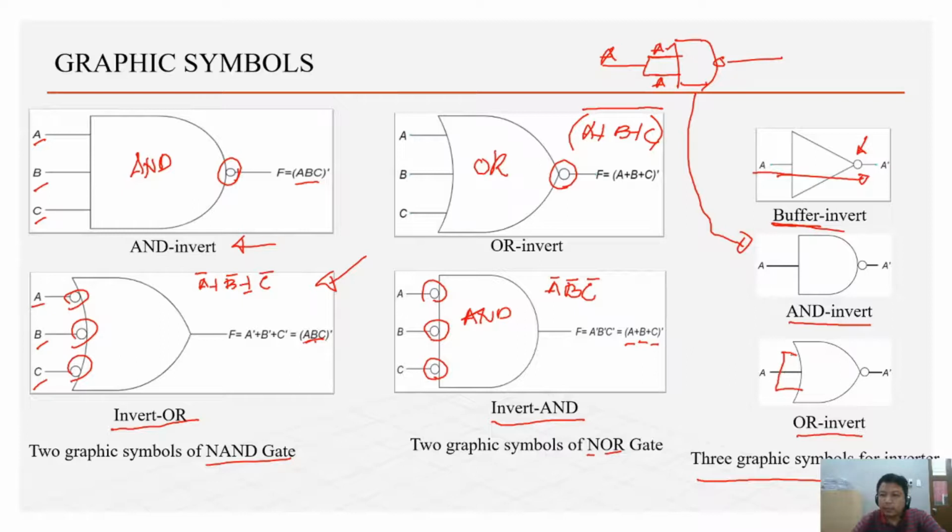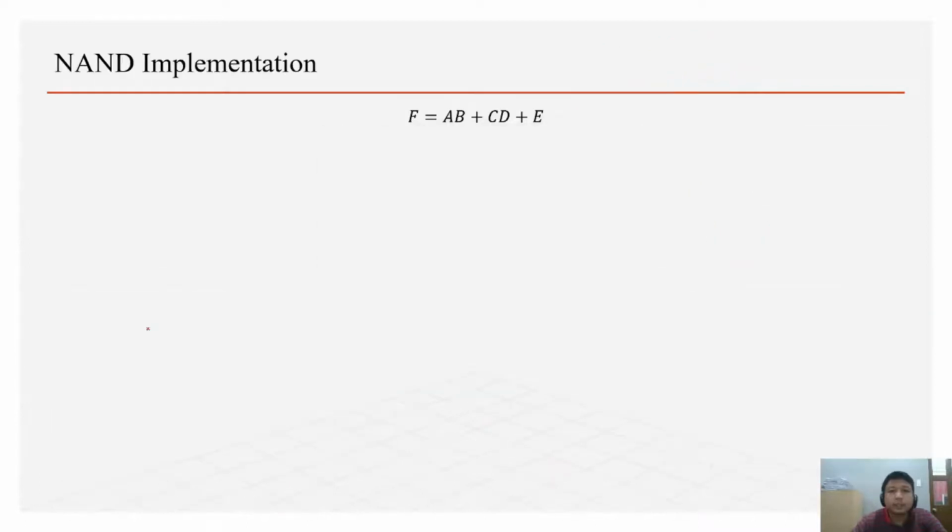Pero kapag pinagsama mo siya at nilagay mo sa isang input, they will function the same as an inverter. So these are the graphic symbols of NAND, NOR, and inverter. Kailangan natin yan para sa pag-implement ng circuit using NAND NOR implementation.